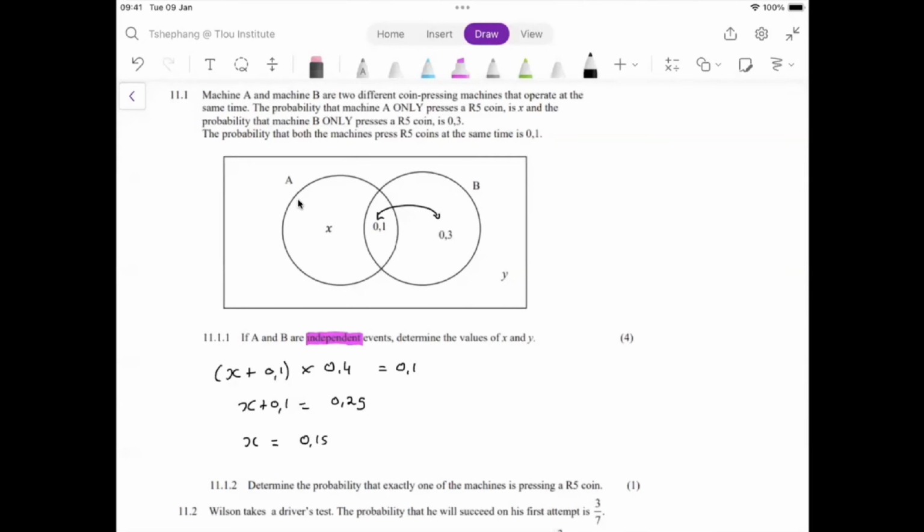Perfect. We're all winning. Now, we need to remember something, that the probability of a sample space is equal to 1. The probability of a sample space is equal to 1, meaning that X plus 0.1 plus 0.3 plus Y is equal to 1.